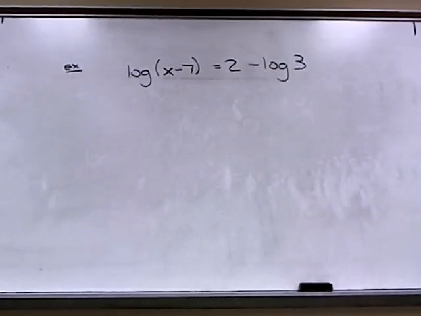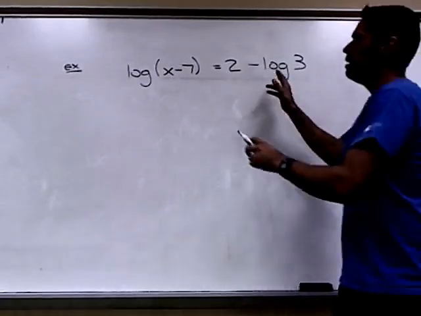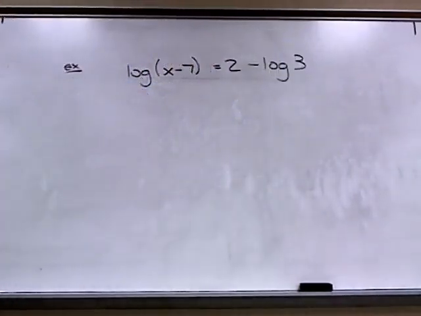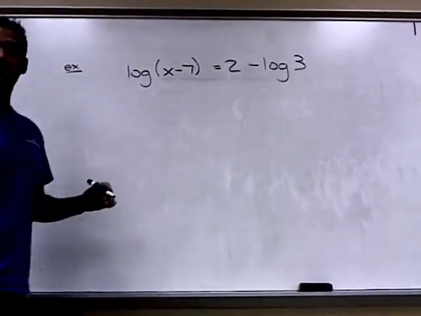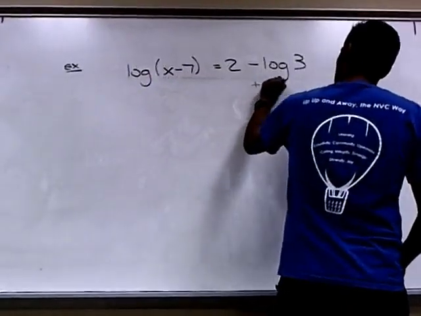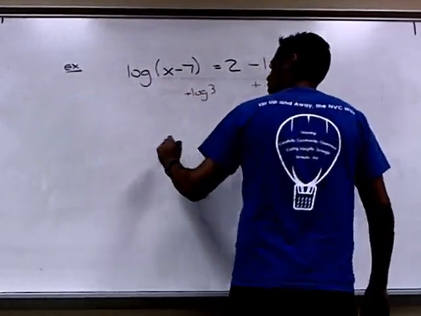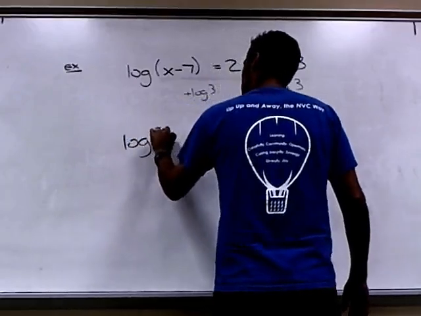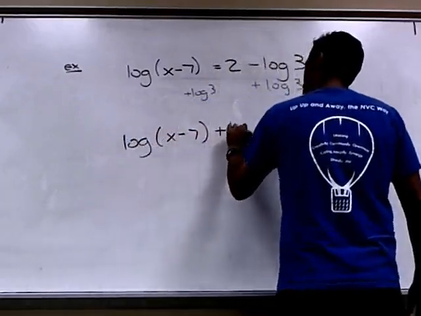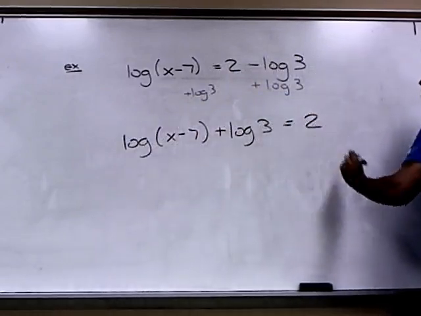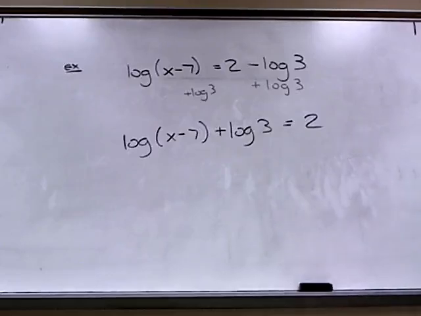Okay, division because you see subtraction. Hold on, they're not on the same side of the equation yet. The problem right now is we have logs on both sides of the equation, so we need to get them together on one side and then use our property. So we'll have to add log 3 to both sides. So we get log x minus 7 plus log 3 equals what was still on the right side? 2. Now you can put them together.